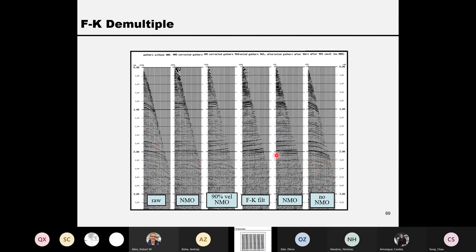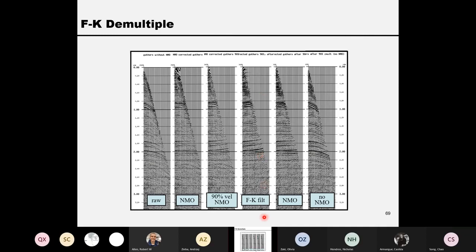It's not stronger, of course, but apparently stronger because of the AGC effect. AGC means in the same time window, the total energy is the same. But here, because in this same time window you have multiples, it looks like this energy is stronger than this, which is not true because it's the AGC effect.